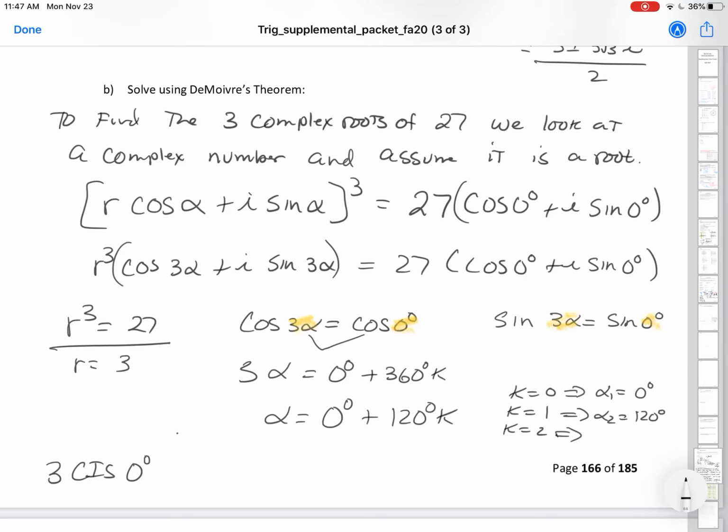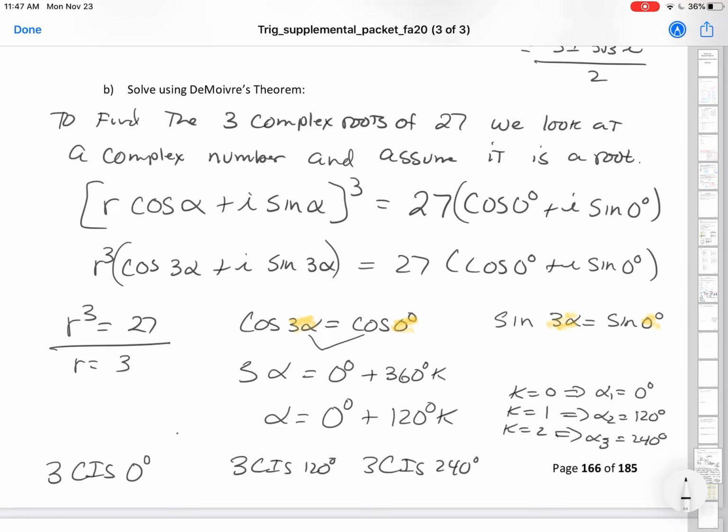And alpha 3 is 0 degrees plus 120 times 2, or 240 degrees. 0 degrees, 120 degrees, 240 degrees. So one of our answers is 3 CIS 0. The other is 3 CIS 120. And the other is 3 CIS 240.